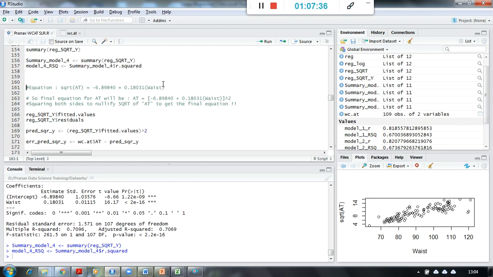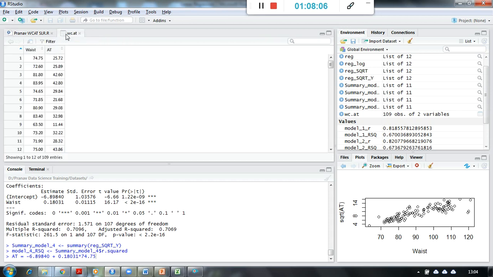For further analysis. But here, one thing we have to see, as we were interested in ad equal to beta naught. What is the beta naught? Minus 6.89840 plus 0.18031 multiplied by 74.75.